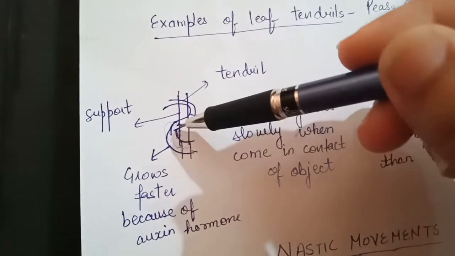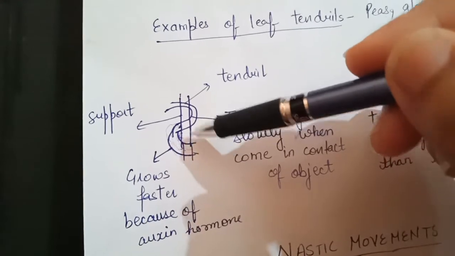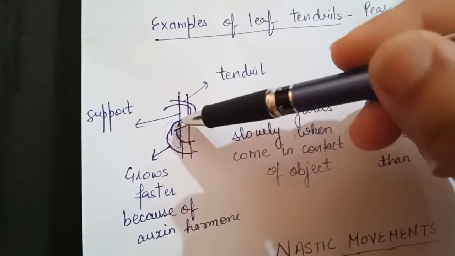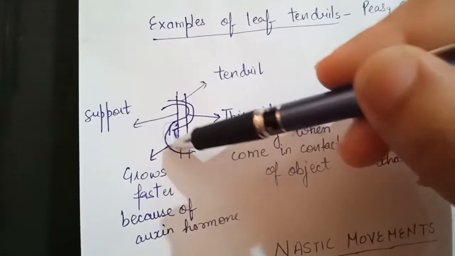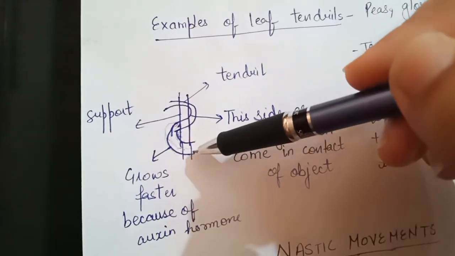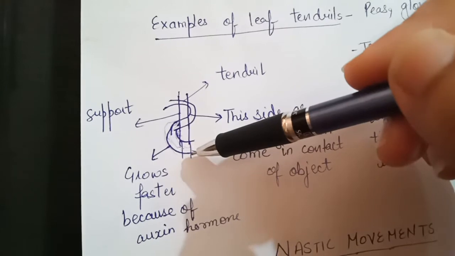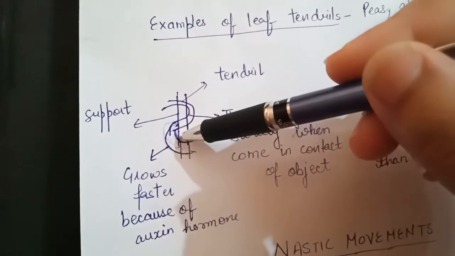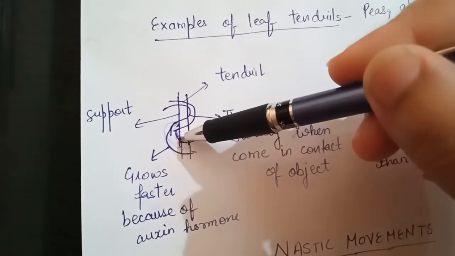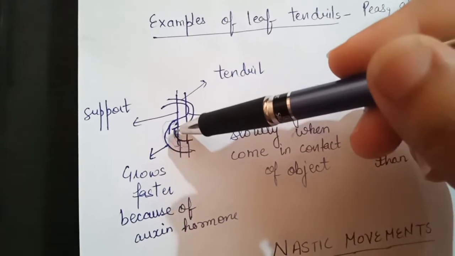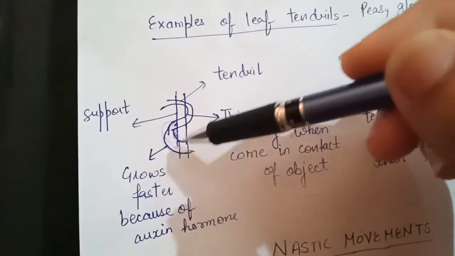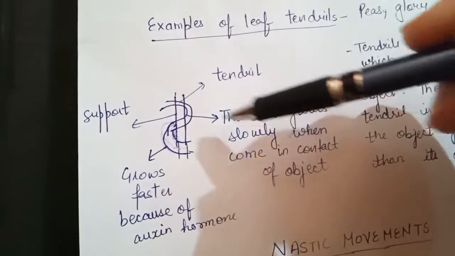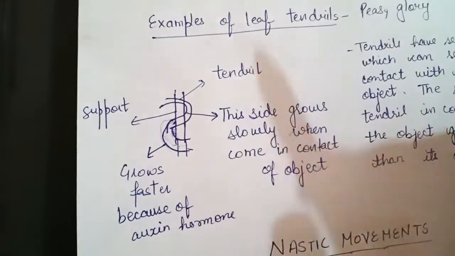This side will show less growth, and this one will show the normal growth, which is considered fast growth here, but the growth of this side becomes retarded. For this reason, when the tendril grows from only one side, it coils around the support.